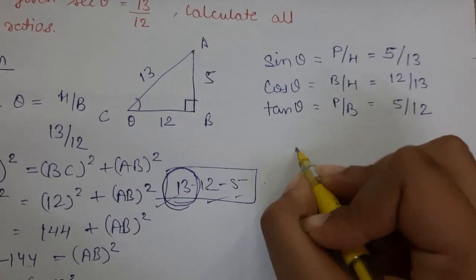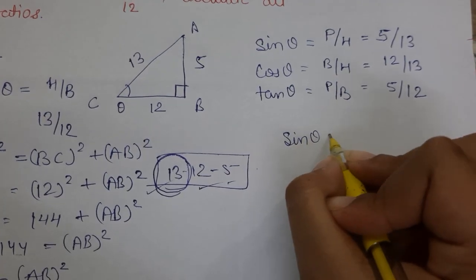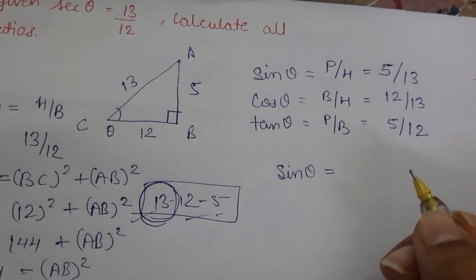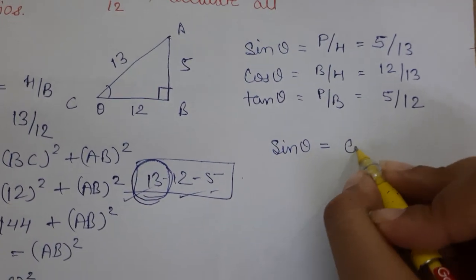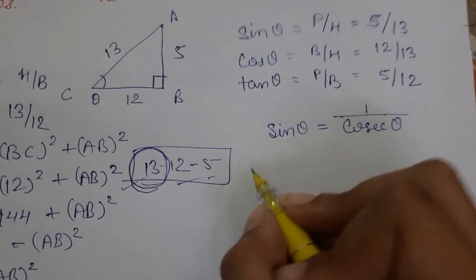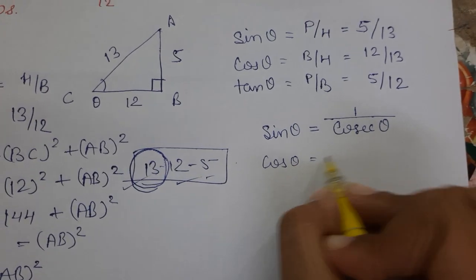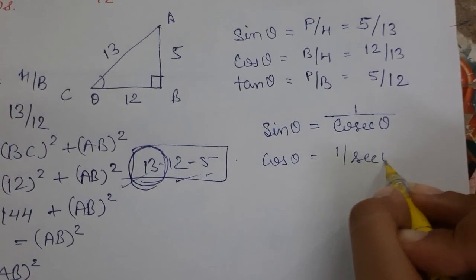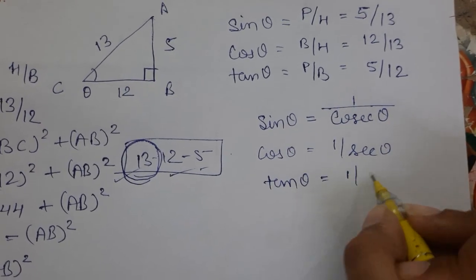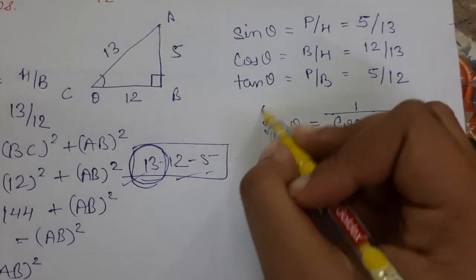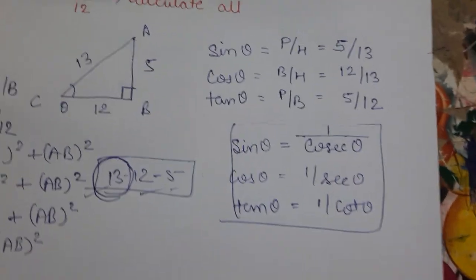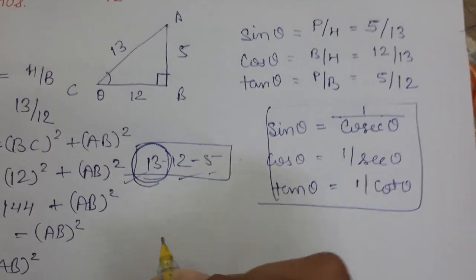Sine theta is the reciprocal of cosec theta, cos theta is the reciprocal of sec theta, and tan theta is the reciprocal of cot theta. If you find this way of writing too complicated, I'll tell you an easier version as well.